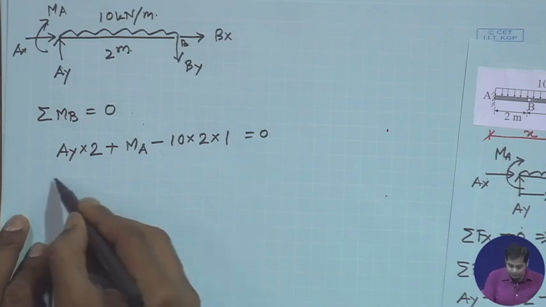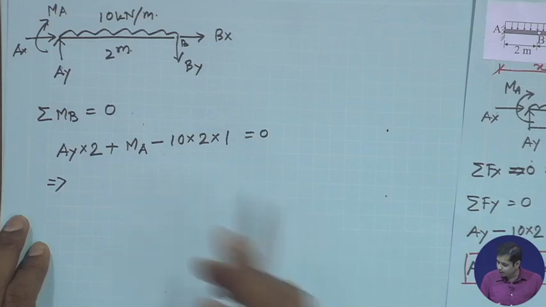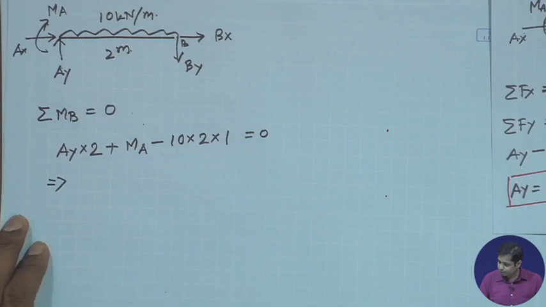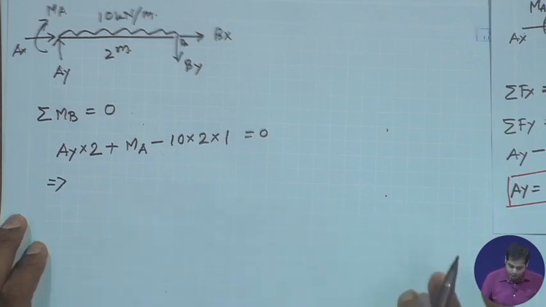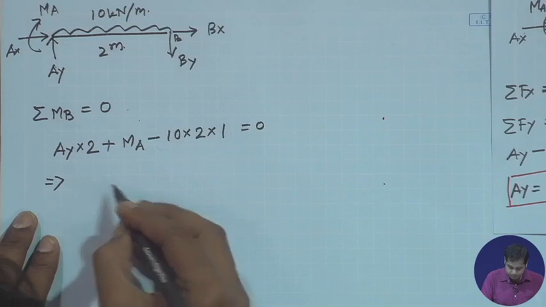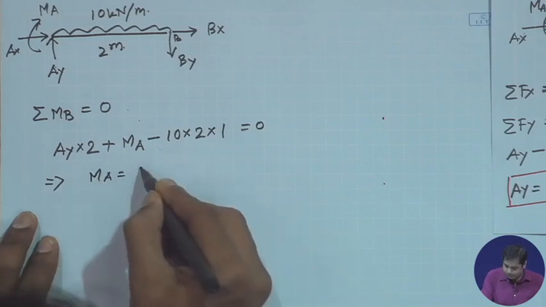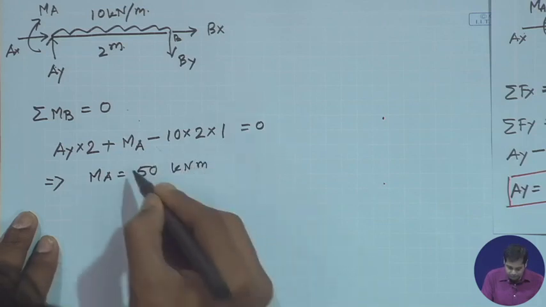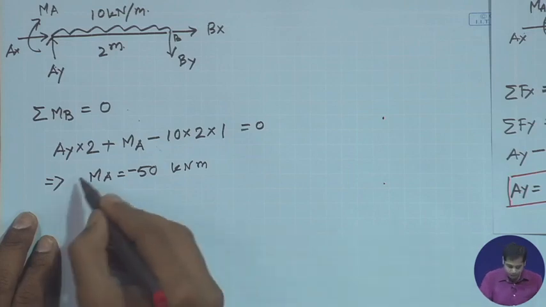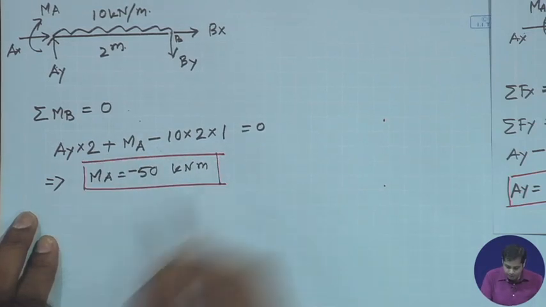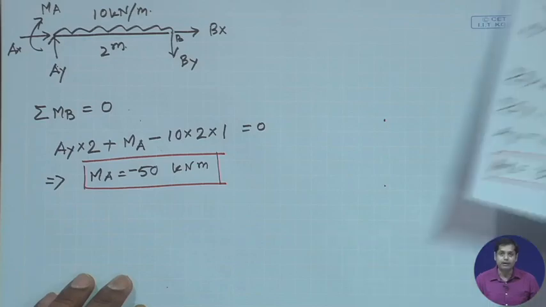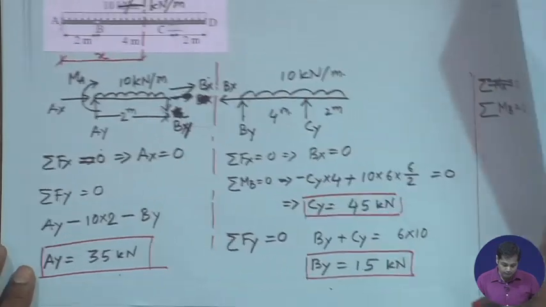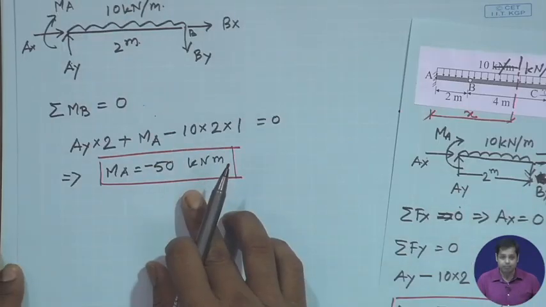If you substitute that, you will get MA is equal to minus 50 kilonewton meter. So now all reactions are determined, right? You have Ay, Cy, By, and MA is 50 kilonewton meter.